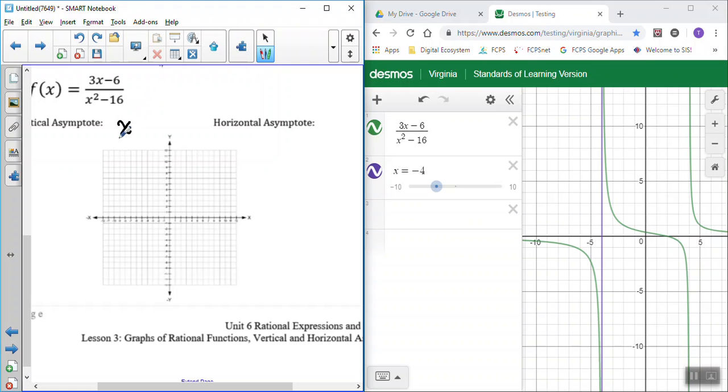And then the other one here is at x equals +4. So those are my 2 asymptotes.